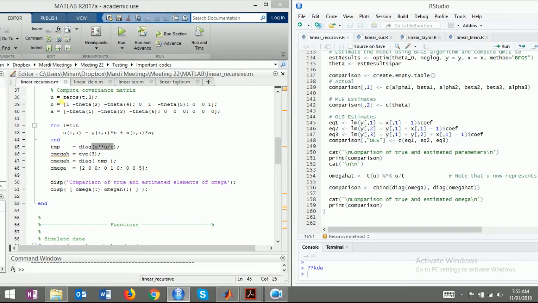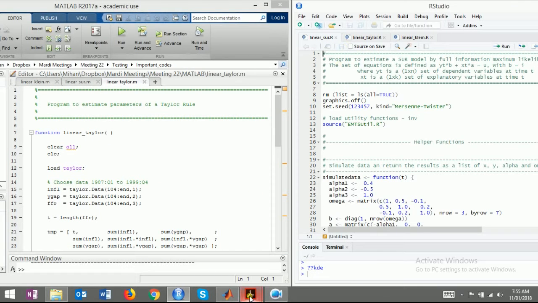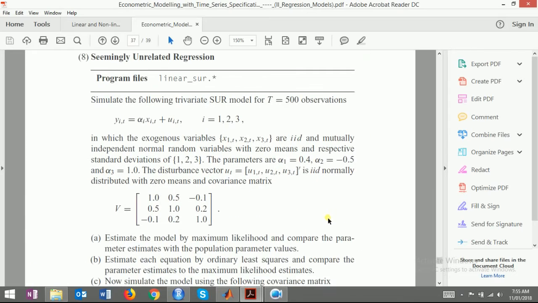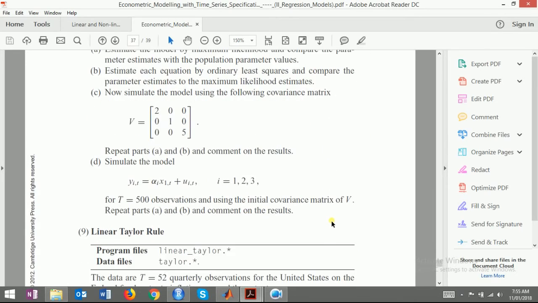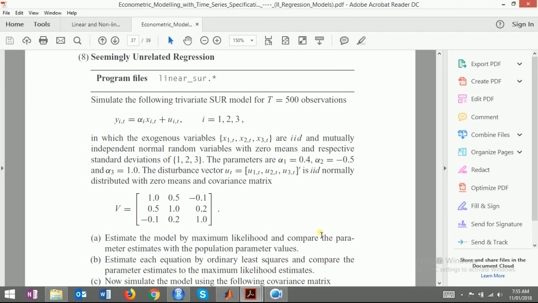There's just one last thing we will do today, linear SUR, seemingly unrelated regression. Simulate the following trivariate SUR model.